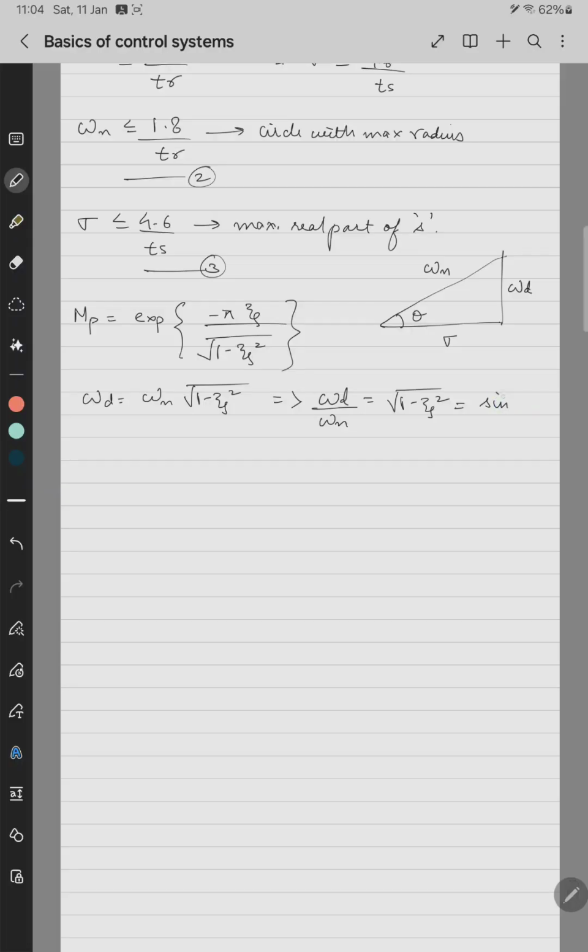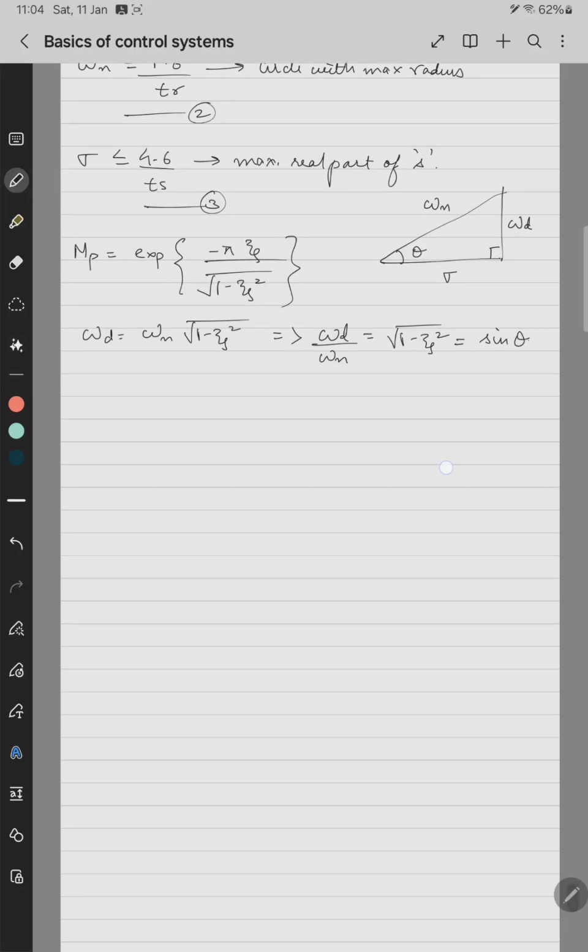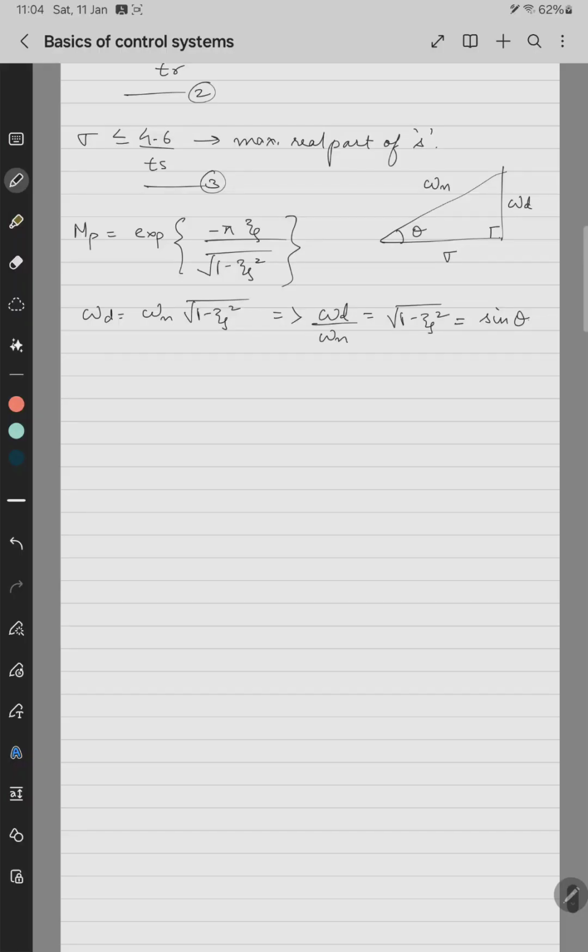Sin theta. Like this we can write opposite by hypotenuse. So therefore we can write zeta in terms of theta, and first here we'll find zeta.